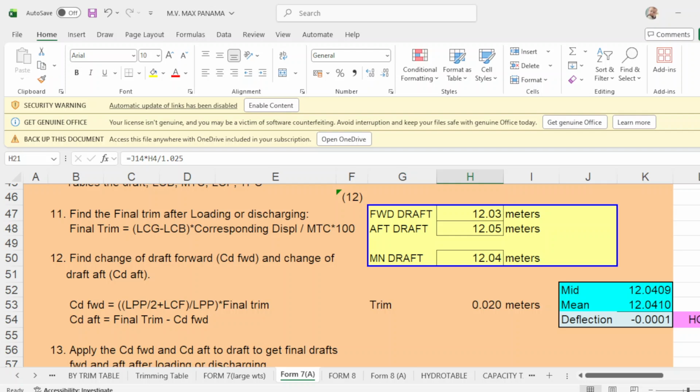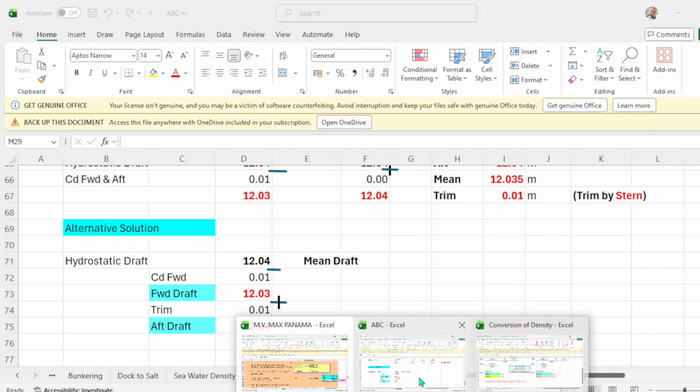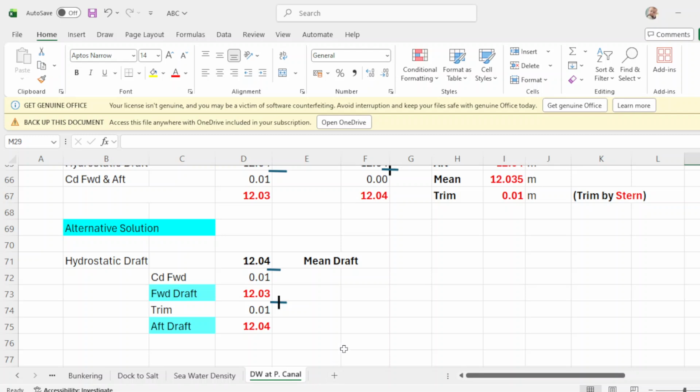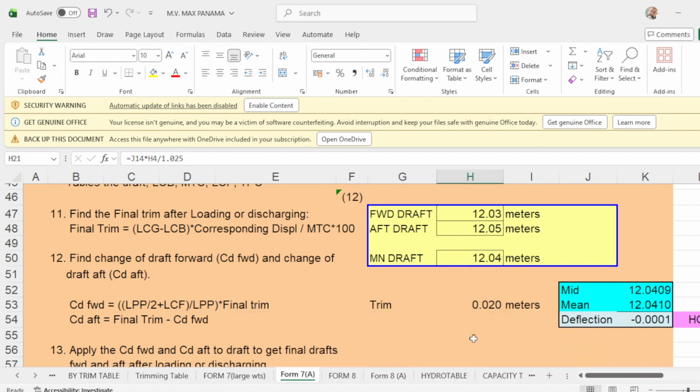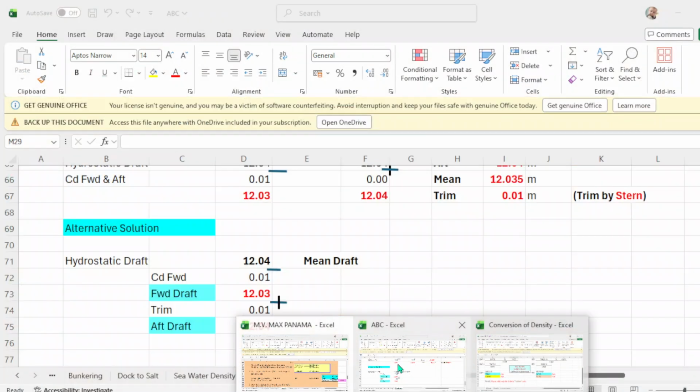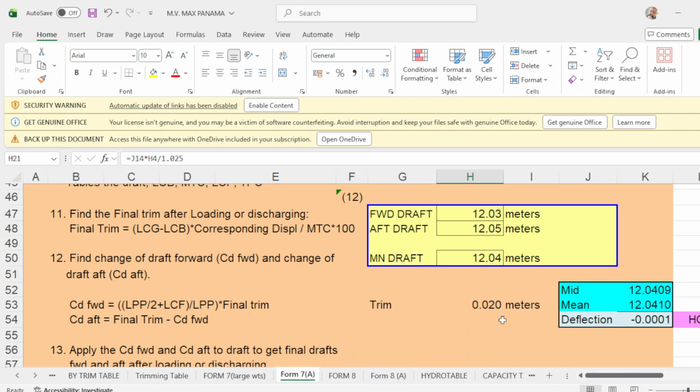But manual computation says otherwise: your forward drop should be 12.03, up drop 12.04, and main drop 12.035, and your trim should be 1, not 2. I got 1, and the program says 2.